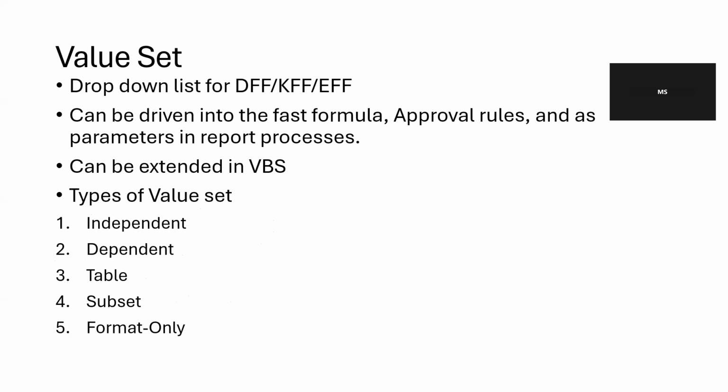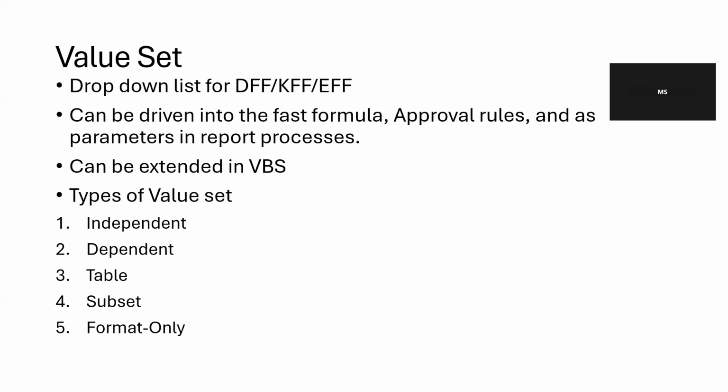You just create one value set and store the values, and then you call them through the fast formula or DFF, anywhere that you are going to use a value set. So it's not going to be dependent on anyone.